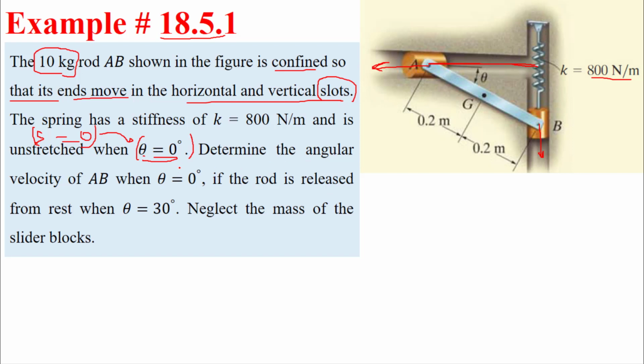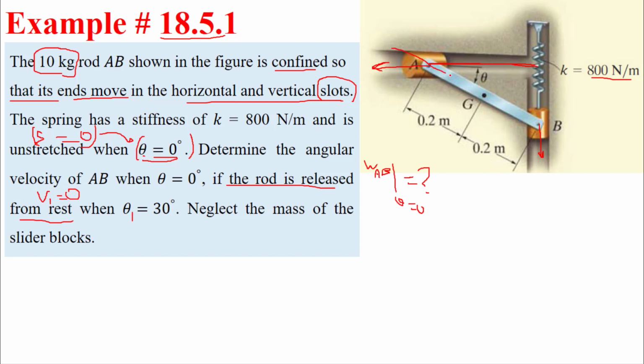Determine the angular velocity of AB, so we need to find omega AB when theta equals 0. This is unknown. If the rod is released from rest, this is V1 equal to 0, when theta is equal to 30, so this is theta 1. That means we'll start from this angle.